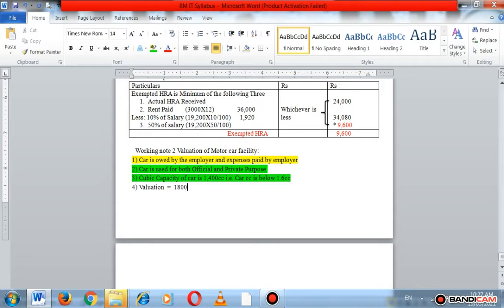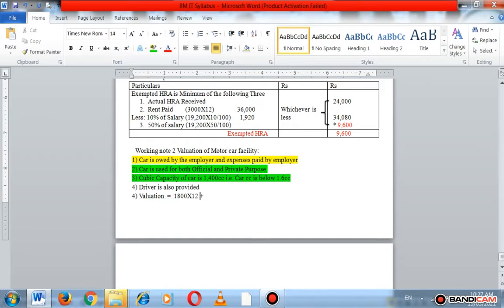1800 per month, multiplied by 12, plus the driver is also provided. Here we forgot the driver, so here the driver is also provided.